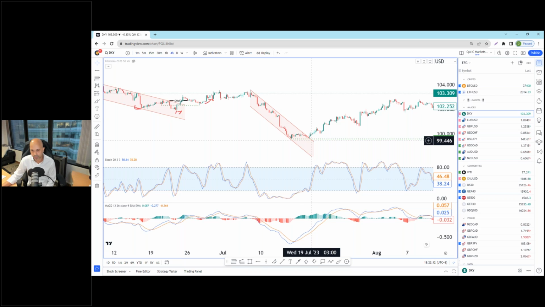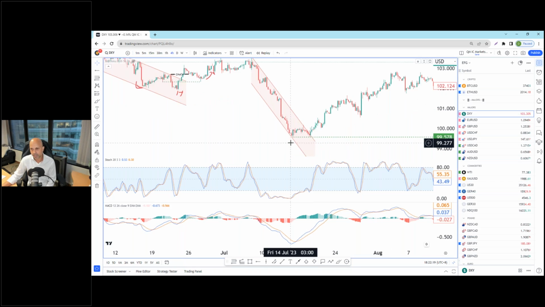And also observing this double bottom here, you can clearly see that this is a double bottom, and price breaking out of this bearish channel, stochastics moving away from the oversold position, and also you can see that the MACD line is trading above the signal line, and the histogram has turned bullish as well to indicate the bullish momentum.